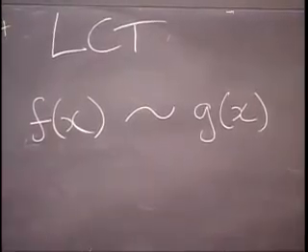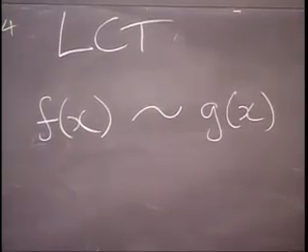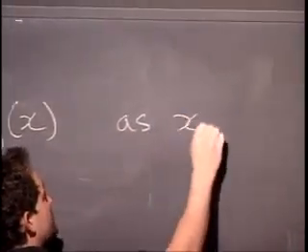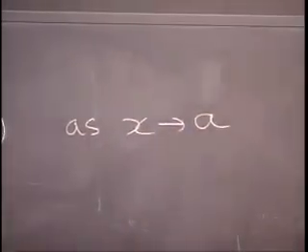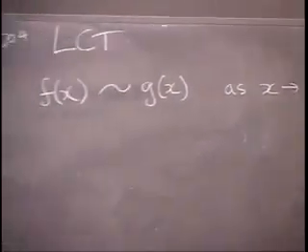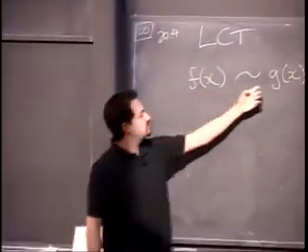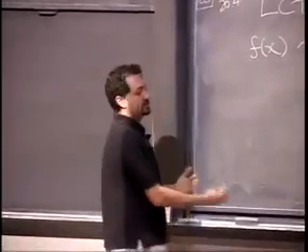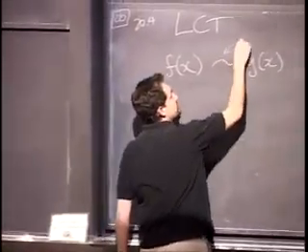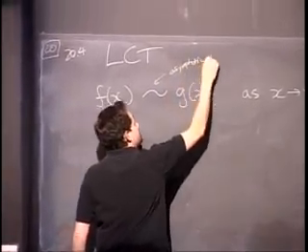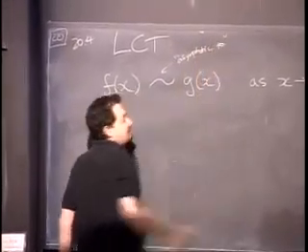I'm going to say f of x twiddles g of x, as x goes to a, means what? I kind of want these two functions to be close to each other. I actually want them to be asymptotic to. The official name for this is asymptotic to. But I'll probably just end up saying twiddle most of the time.